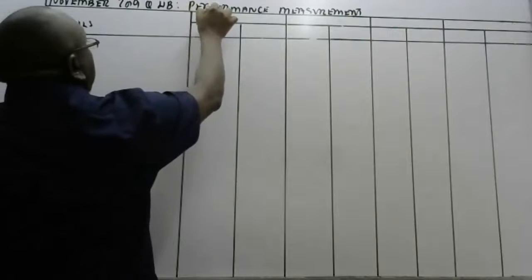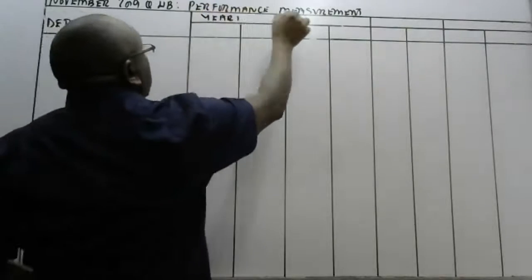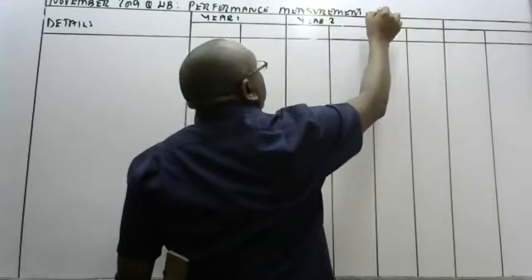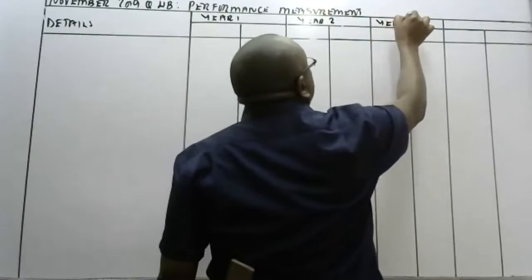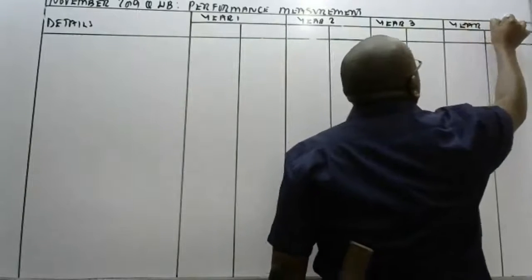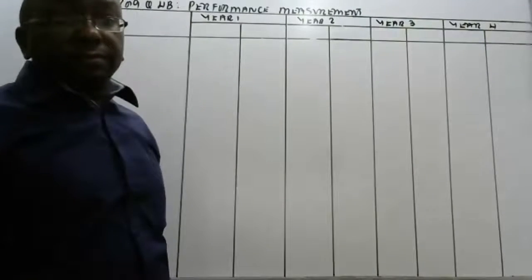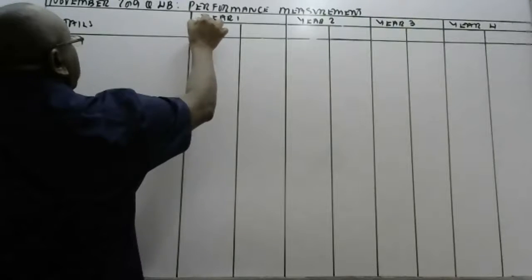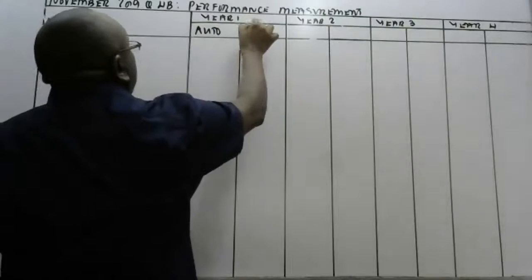So this is year 1, year 2, this is year 3, this is year 4. The projects, the first one is called auto.